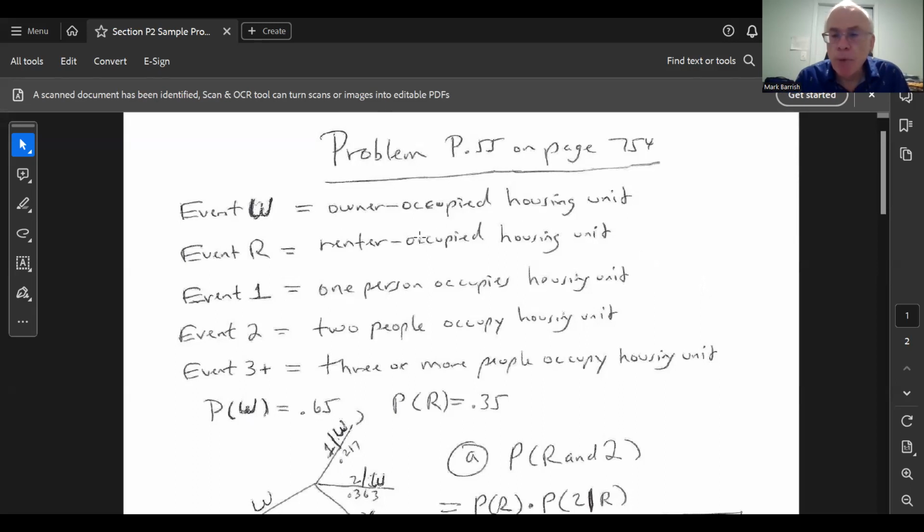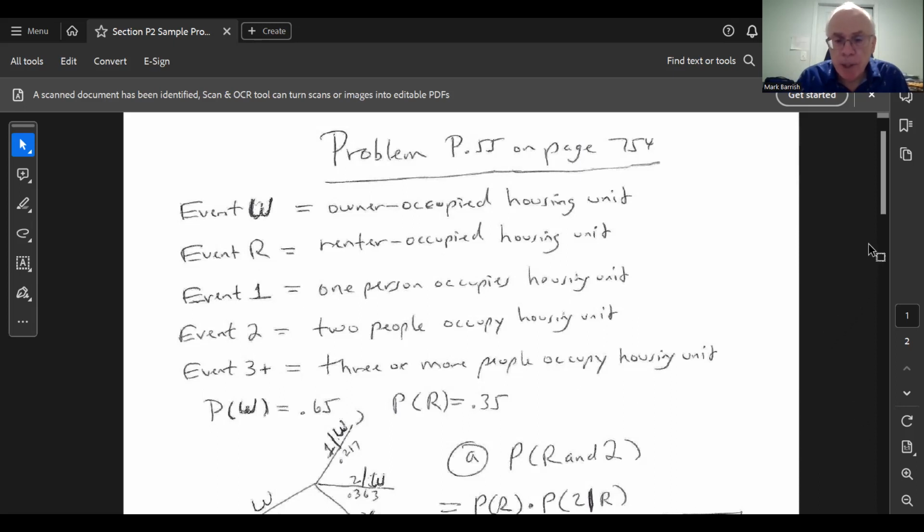I didn't want to use O because it looks like a 0, so I decided to just use W, which is a letter in the word owner. It's just my choice. The event R is for renter occupied housing unit. The event 1 means 1 person is living in the housing unit. The event 2 means 2 people are living in the housing unit. The event 3 plus means 3 or more people are living in the housing unit.